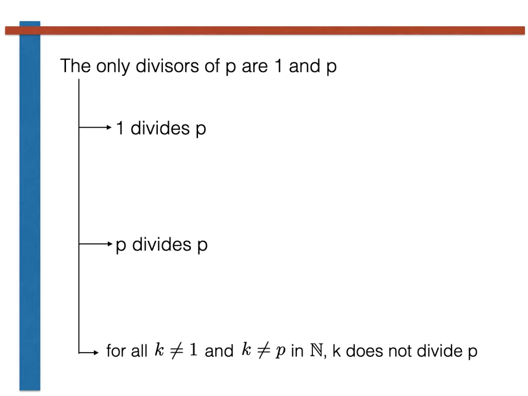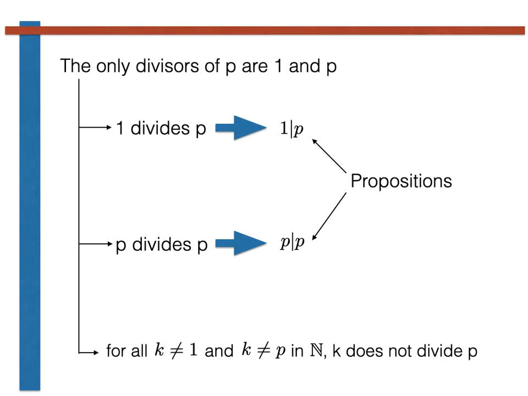For now, though, just know that we can replace the word divides in these two propositions with a vertical line as shown here. Divides is thus like equals, less than, more than, not equals, and so on. In other words, the propositions 1 divides p and p divides p have a truth value of 1 or 0, just as the proposition A is greater than B has a truth value of 1 or 0.